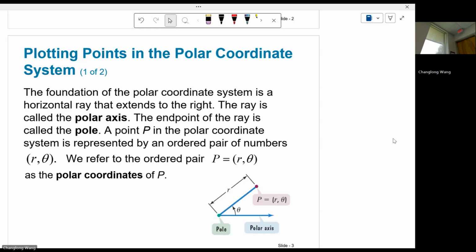So now you can think about an angle plotted in its standard position. By standard position, I mean placing the vertex of the angle at the pole and lining up the initial side with the polar axis.